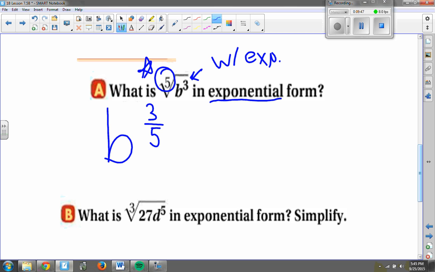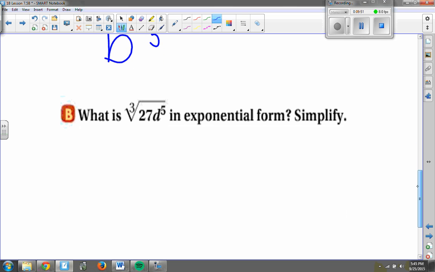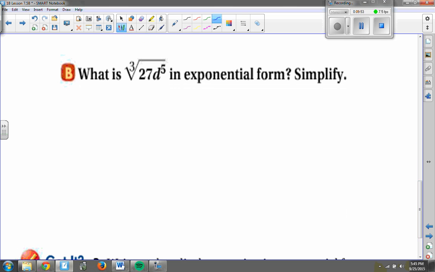Now let's look at the next example where we have a little bit more to deal with here. Okay? Here they want to know what is the 3rd root of 27d to the 5th in exponential form, meaning with exponents. And then they want us to simplify whatever we can, okay? Now, here is the way that we need to do this one.